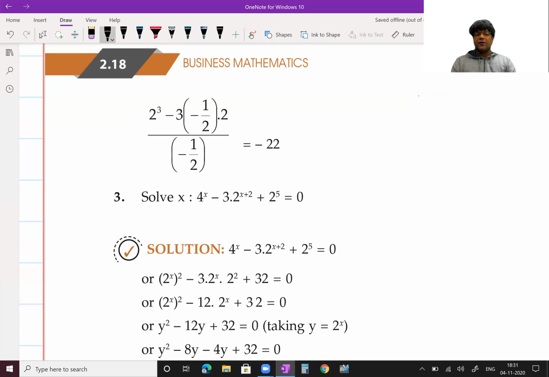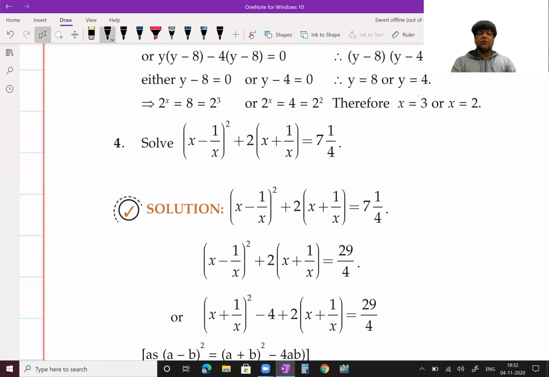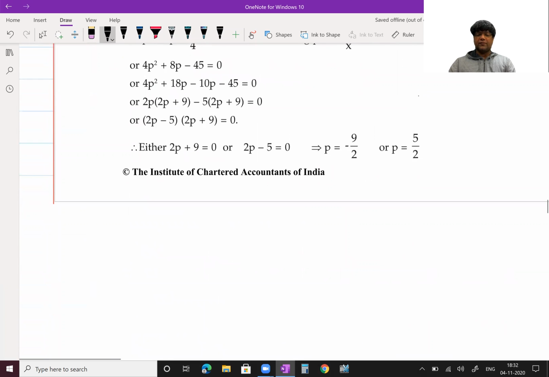If after calculating the left hand side it comes to 0, that means both the sides are equal. That's your answer. Clear? See here also number 4. You have to solve and get the value of x. Why solve? Go to the option, put the value and check which is satisfying.